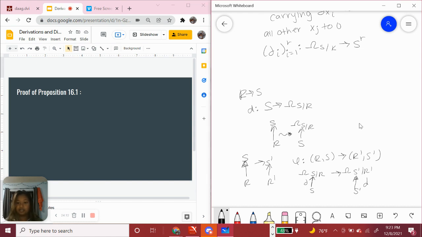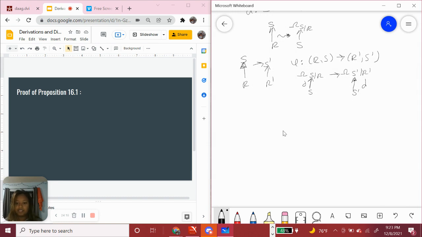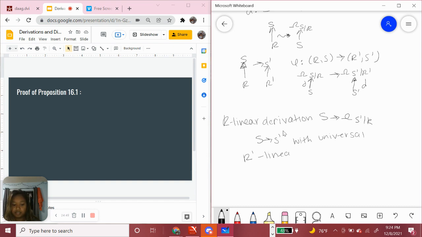Let's write this out a little bit. This is applied to the R linear derivation from S to Omega S prime over R prime, which is the composition of the map S to S prime with the universal R prime linear derivation S prime to Omega S prime over R prime.